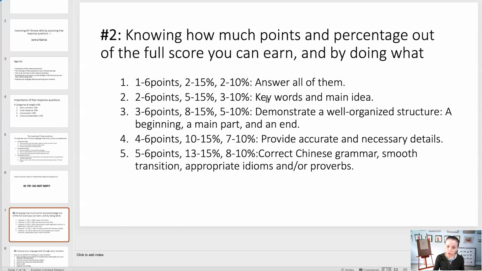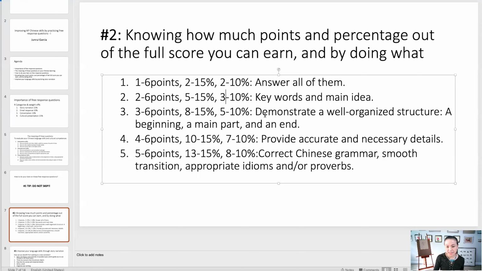If you have keywords and a main idea, keywords are very, very important, even if you do the worst, you earn 2 points. The 2 points is 5% out of story narration and cultural presentation, and 3% on the email response and conversation.